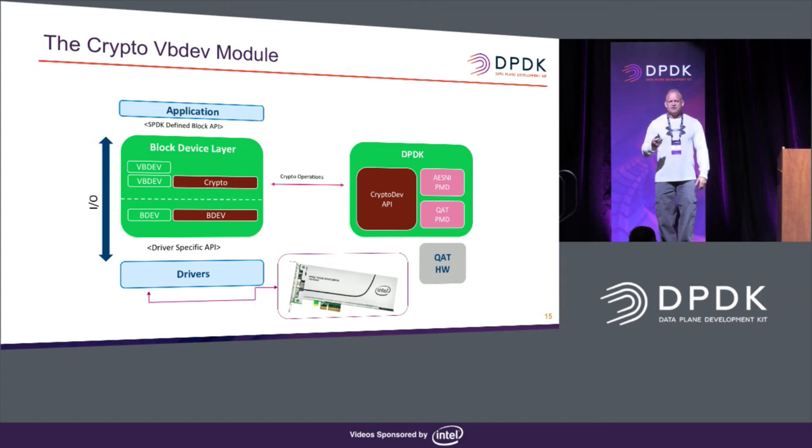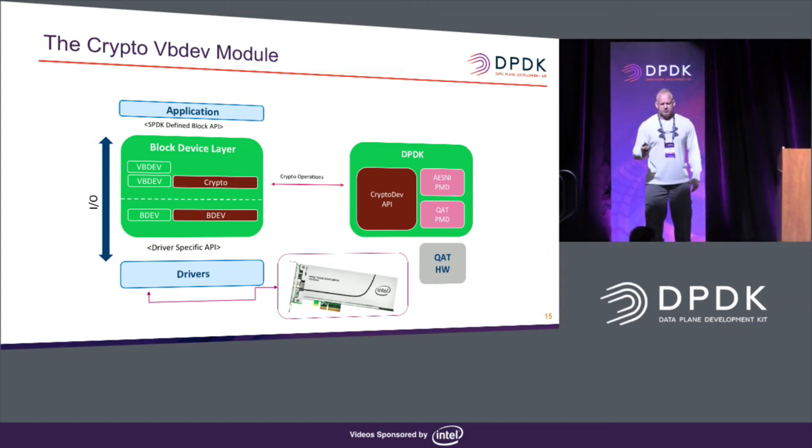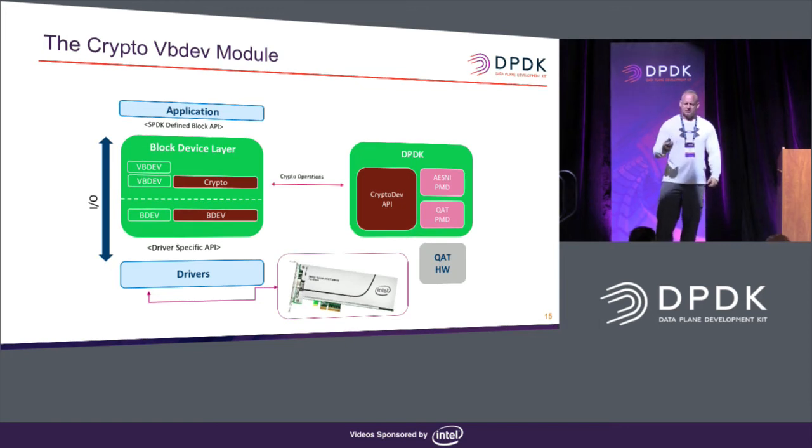And then the same thing on the read side, right? When an application comes in and says, I need some data off disk, it doesn't even know it's encrypted. Well, it knows, but it doesn't have to worry about it. It goes to the virtual BDev, and the virtual BDev says, oh, I'm going to read the data off disk first. As soon as I have that in a local buffer, I'll send that over to the cryptodev API, do the decryption, and then provide the unencrypted data back to the application.